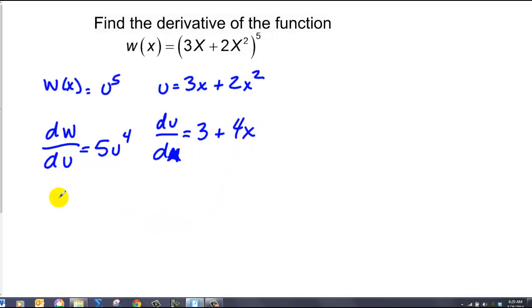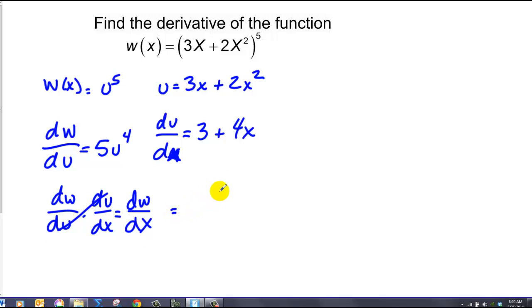And then if I take dw du and multiply it by du dx, I'm going to get the derivative of w in terms of x. So these will go. Let's multiply these together. I get 5u to the fourth multiplied by 3 plus 4x. Now, I know the u value is 3x plus 2x squared, so I'm going to make that substitution.